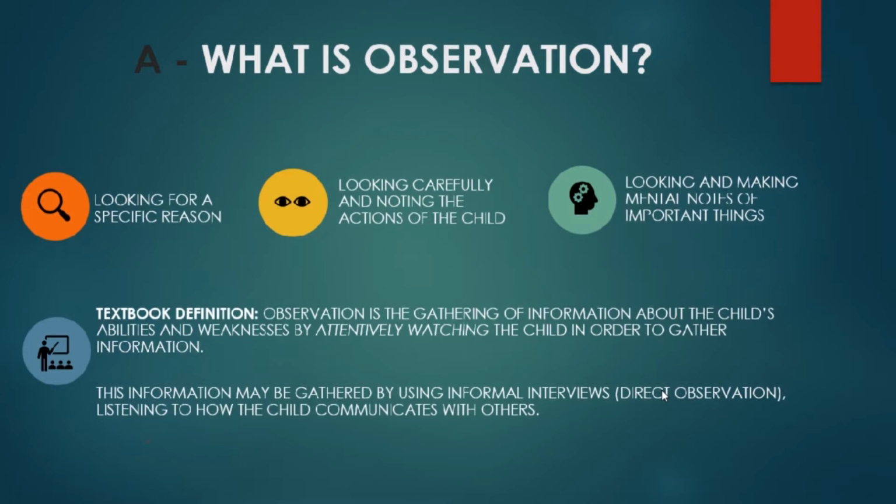Now let's move on to what the textbook definition is. Observation is the gathering of information about the child's abilities and weaknesses by attentively watching the child in order to gather information.